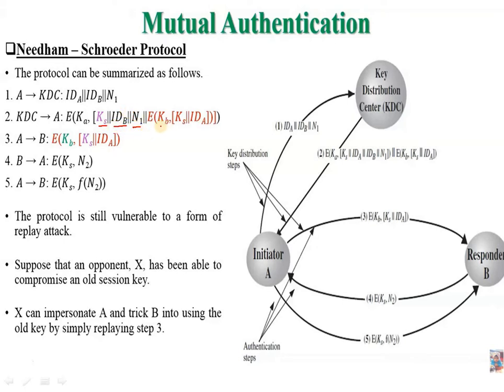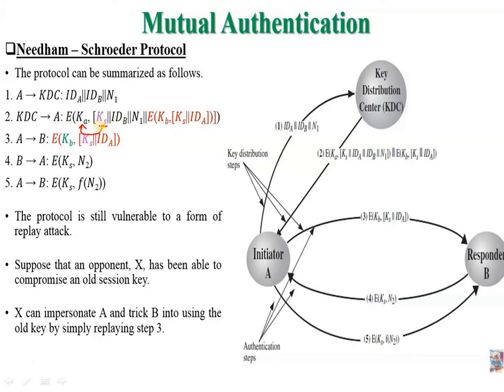Then it also replies with the encrypted format of KB, KS and ID A, where KB is the master key of B. This whole message is encrypted using KA, where E is encryption and KA is the master key of A. KS means session key. As you can see, the session key is encrypted by the master key of A.